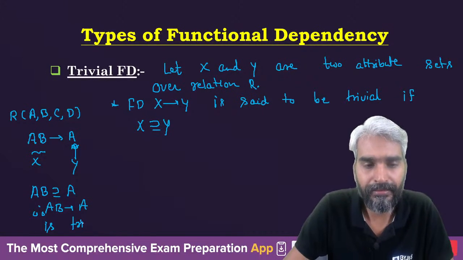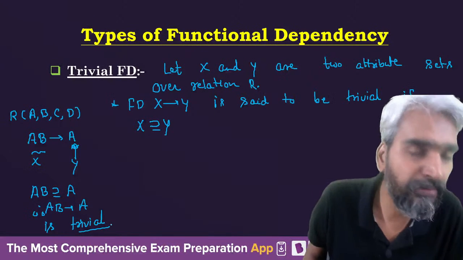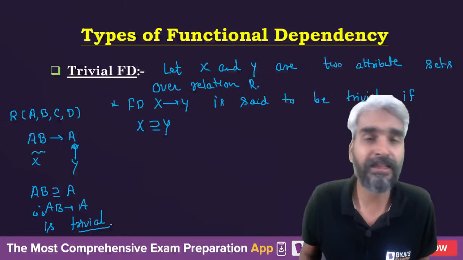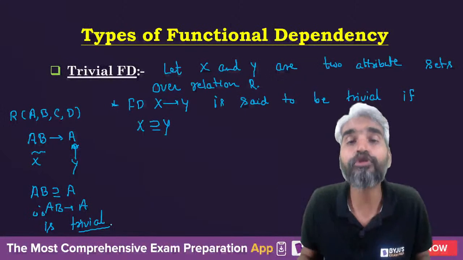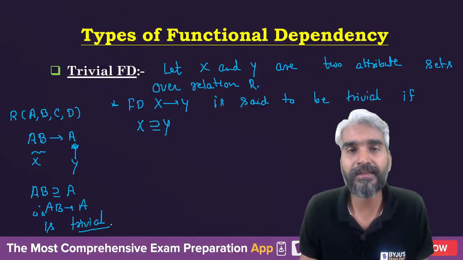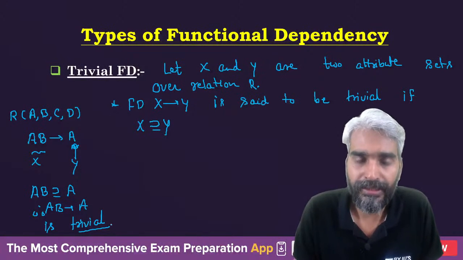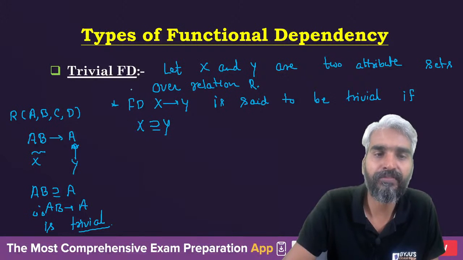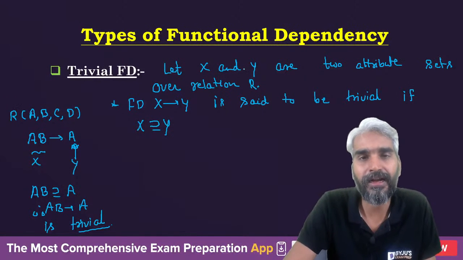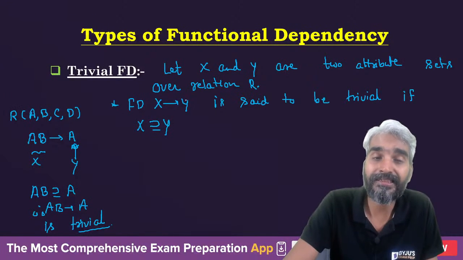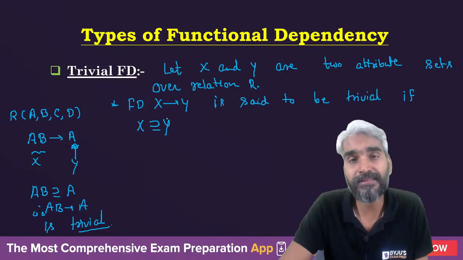Got the idea that you are not providing any new information with the help of this FD. You are only giving me the information which is already known to me. So you are not giving me anything new. Got it? So this is the definition of trivial FD: if X and Y are two attribute sets such that X implies Y exists and X is a superset of or equal to Y, then this is a trivial FD.